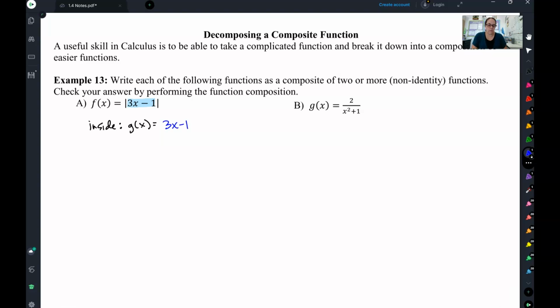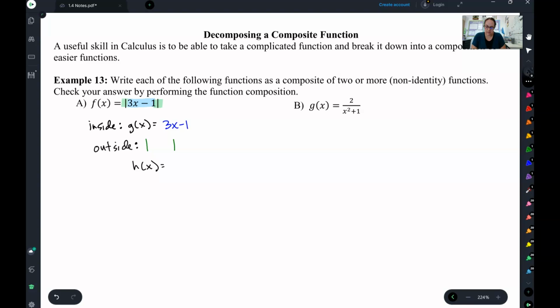Then I have to ask myself, okay, so what is happening outside of that function? What is being done to that function? And I can see that what's happening to that function is an absolute value. We are taking the absolute value of this function. So I'm going to call that h of x and say that is the absolute value of x.